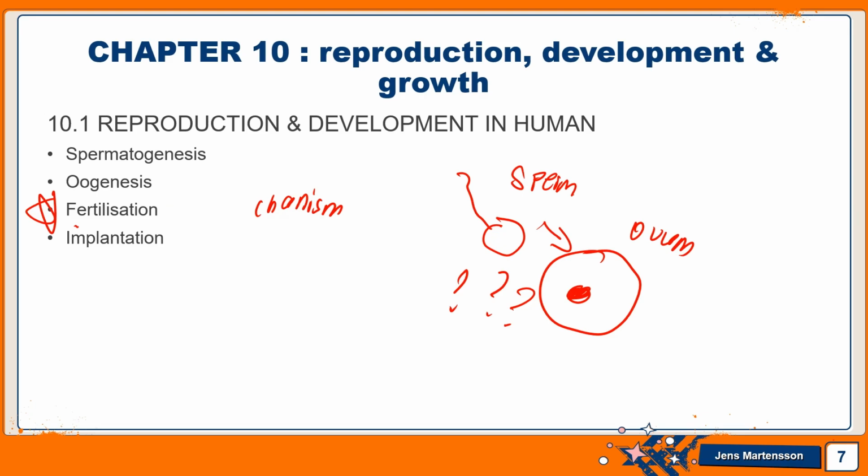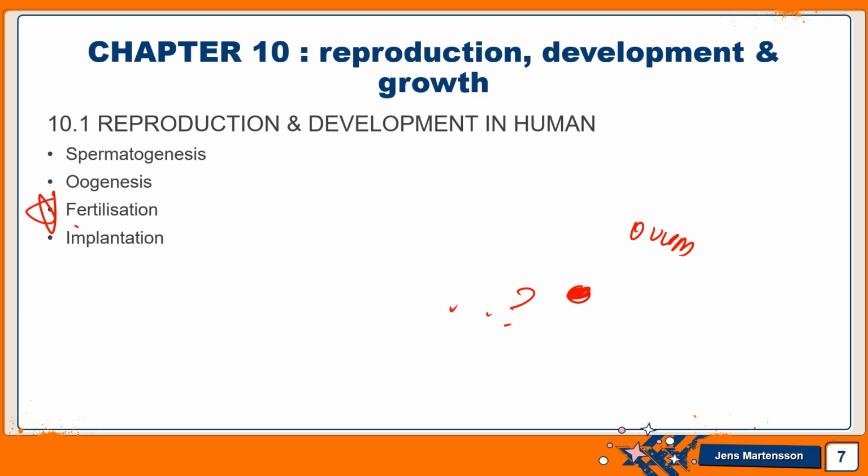I can say it is not easy to understand. For my suggestion, I suggest you watch a video. You type in YouTube the 3D video of the mechanism of fertilization, then you can have a better understanding. If you just read the books or Campbell, you will not understand much about the mechanism of fertilization. Okay, this is the first topic, a new topic for you.